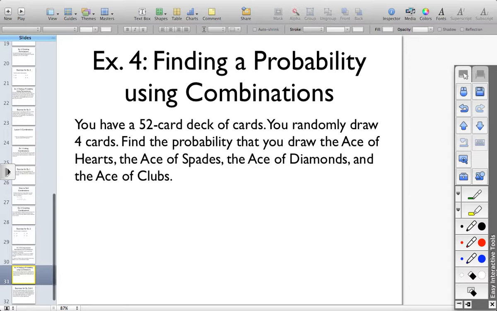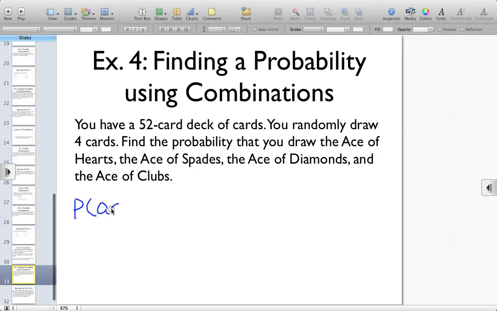Find the probability that you draw the ace of hearts, the ace of spades, the ace of diamonds, and the ace of clubs. So we want to know what's the probability that we're going to draw all of the aces. Okay? So, as we calculate this, we know that there's one hand that gives us all 4 aces.